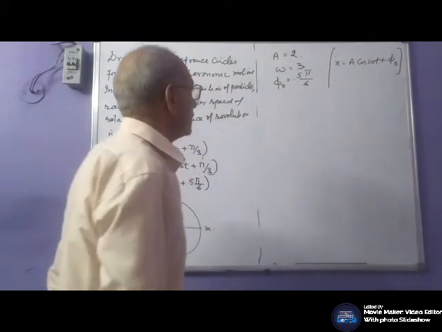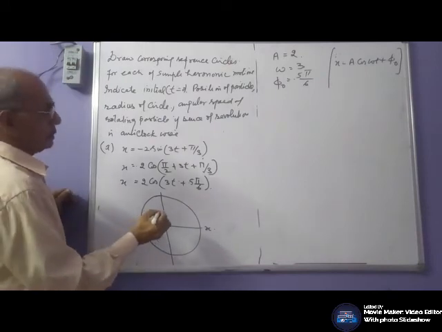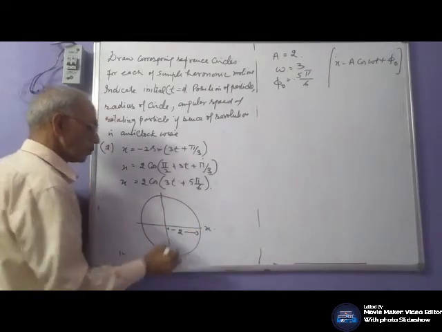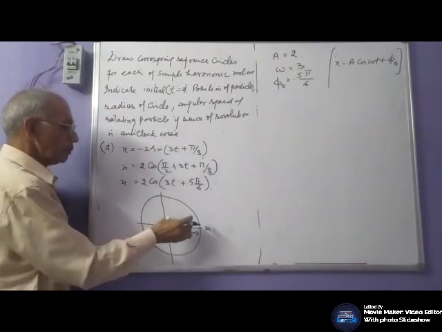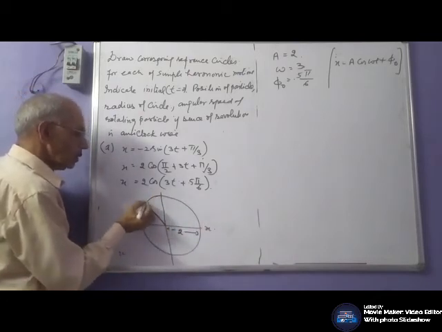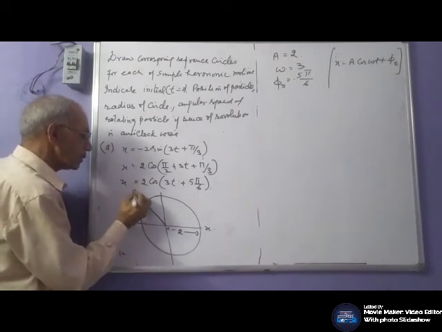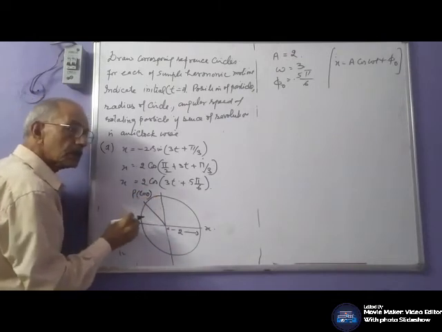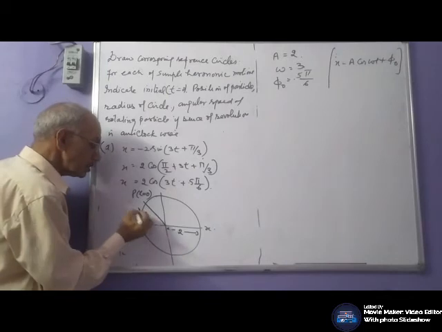यहाँ से कंपेयर करके तो राइट, A is 2, phi naught, it is pi by 2, this one is pi by 3, this is starting point, plus आगे है, because the sense of revolution is this.